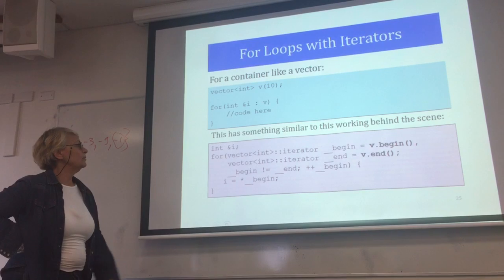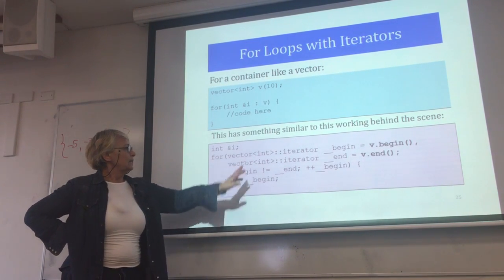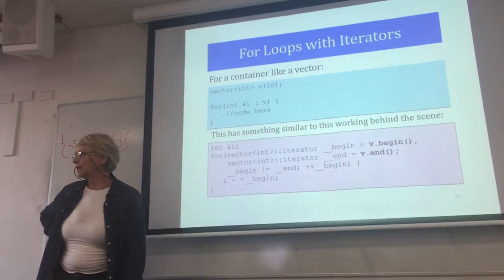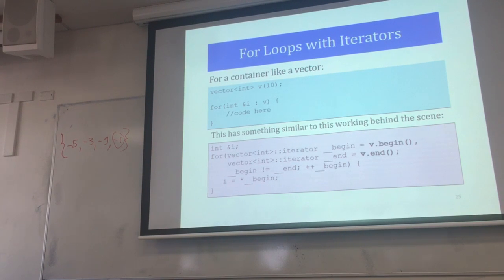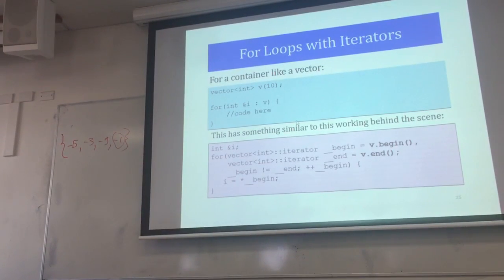Okay? And we do something. I gets the value to which the current iterator points to. So be aware, this goes behind the scene, and if a data structure does not have corresponding items to an iterator pointer, then you can't apply for.